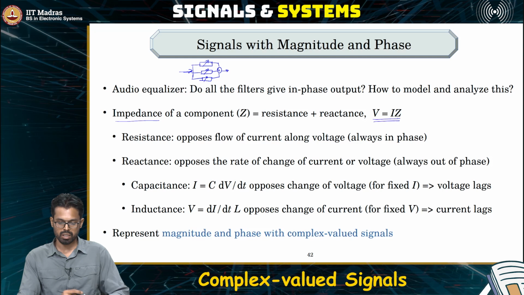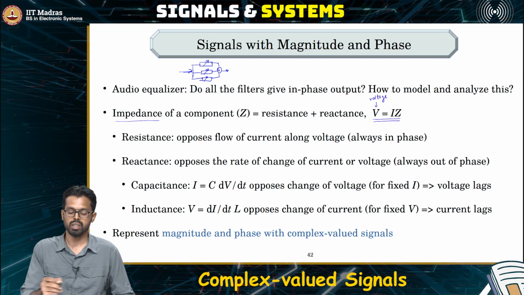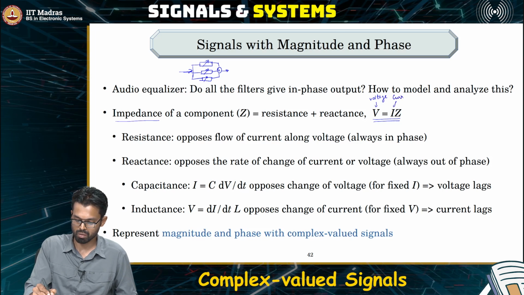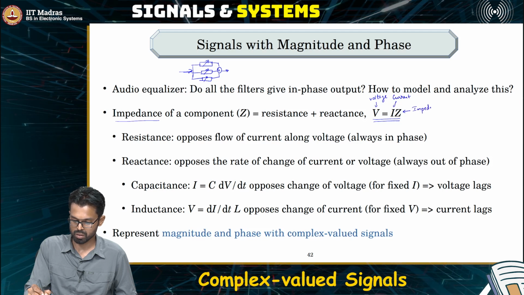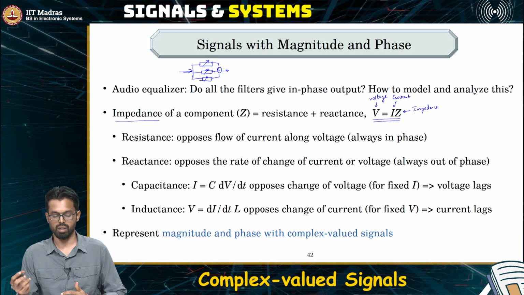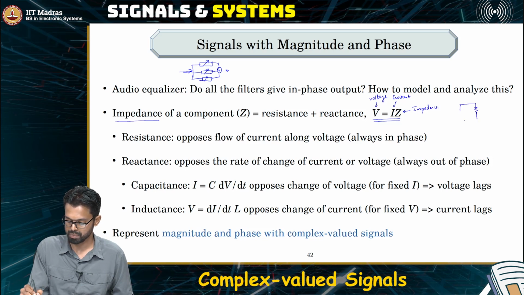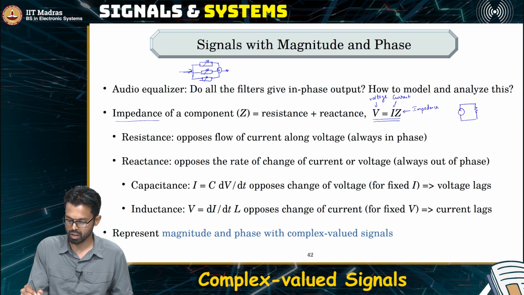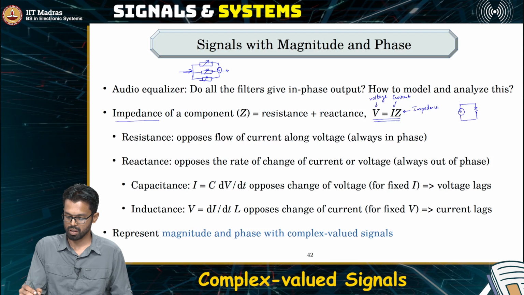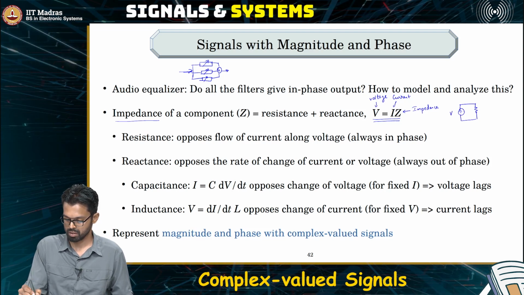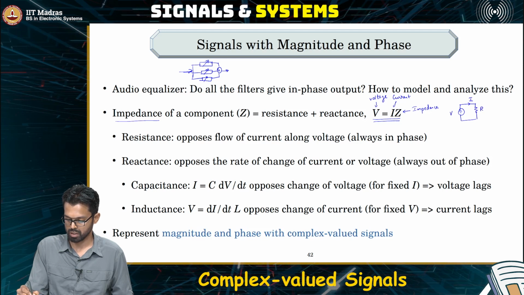We'll say that the voltage is equal to the current times the impedance. So the impedance can be, let's say, a resistor in the circuit. Say your circuit was something like this. This is my voltage source, V is the voltage and I is the current, and this is my resistor.